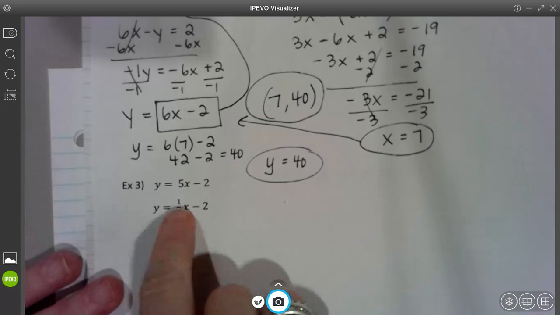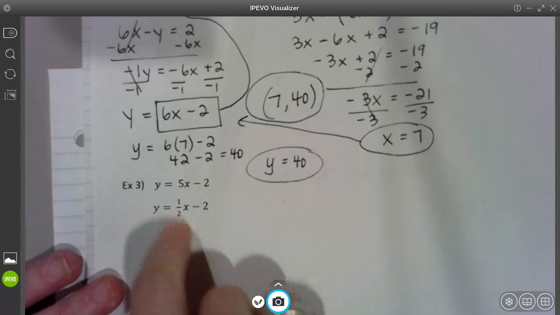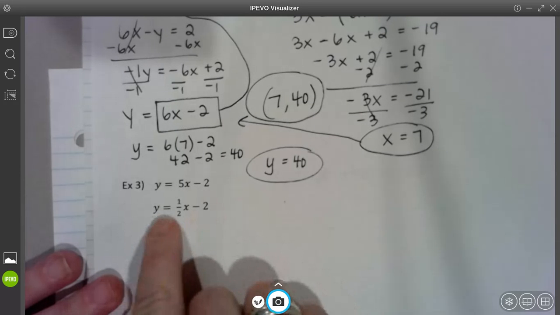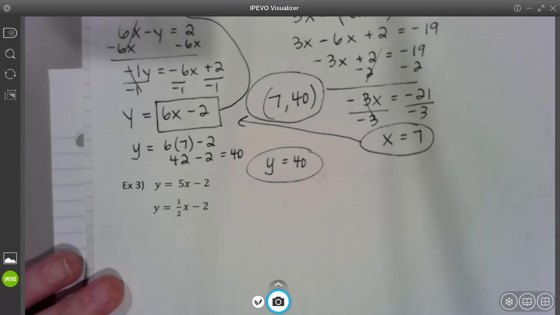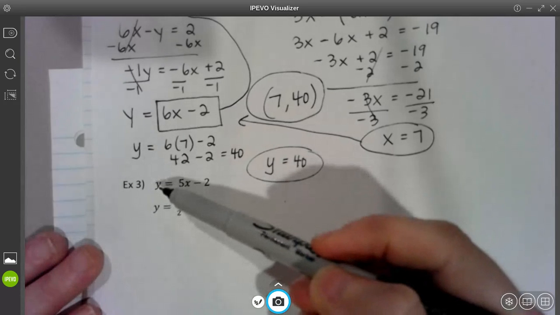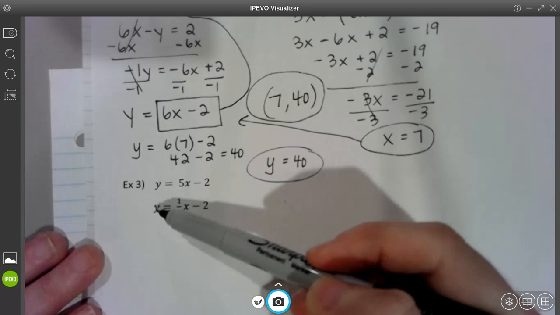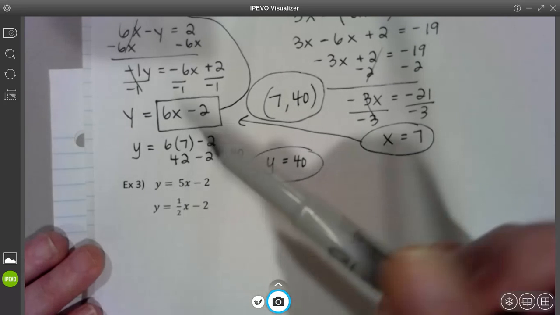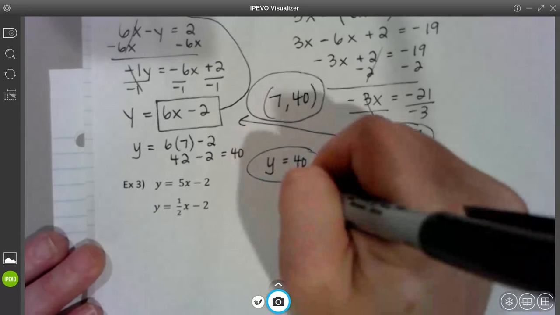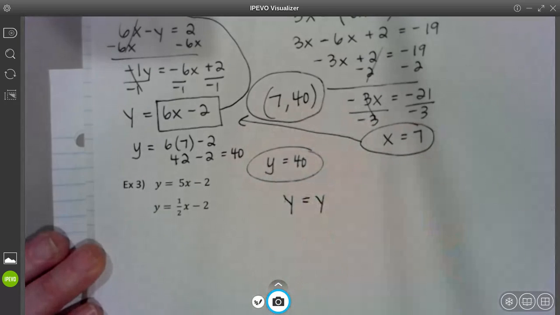Well, this time, they already solved both of the equations for y. This one says y equals this. This one says y equals that. And the beautiful thing about a system, guys, is that the y value that is missing from this equation represents the same missing number that is missing from this equation. So remember, the y in the first equation is equal to the y in the second equation.